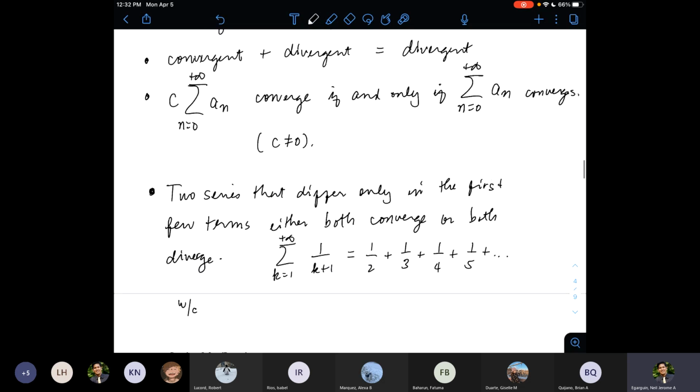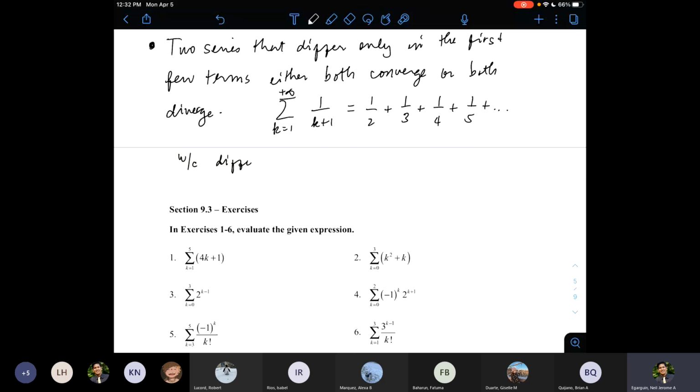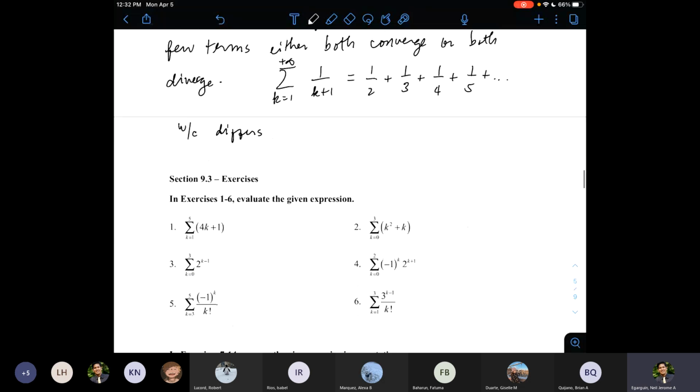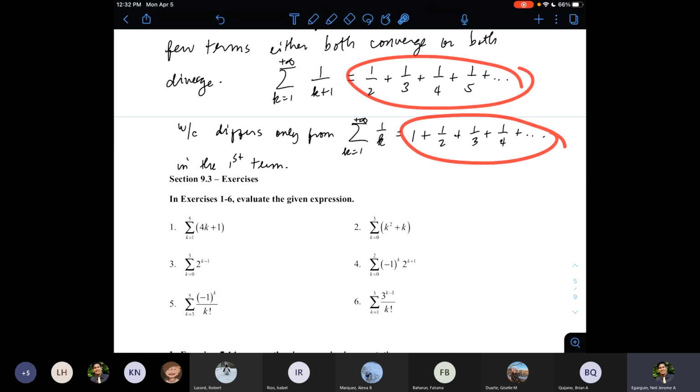So it differs only from the harmonic series, which is 1 plus 1/2 plus 1/3 plus 1/4, and so on, in the first term, right?